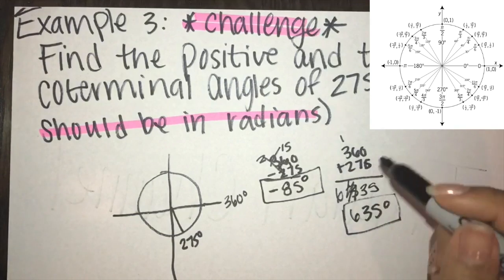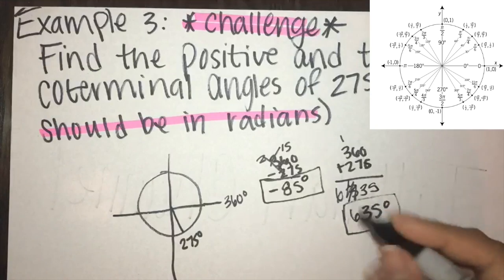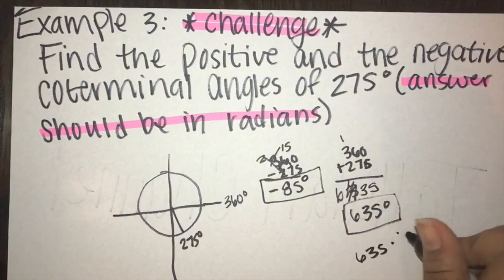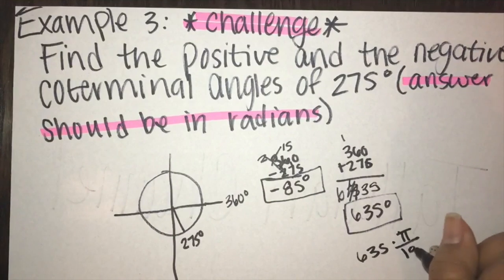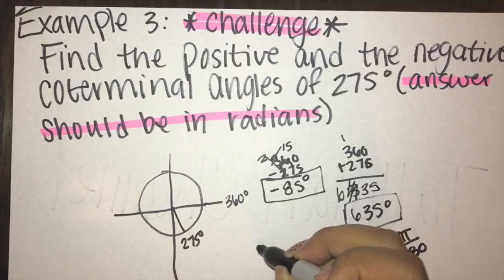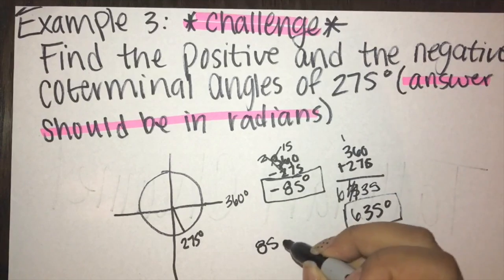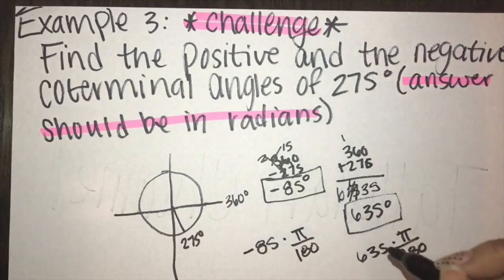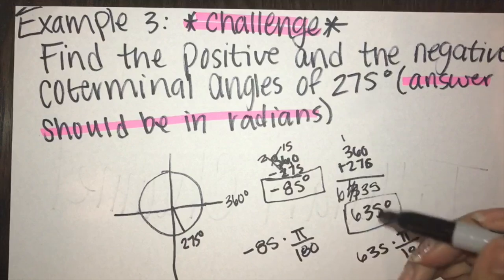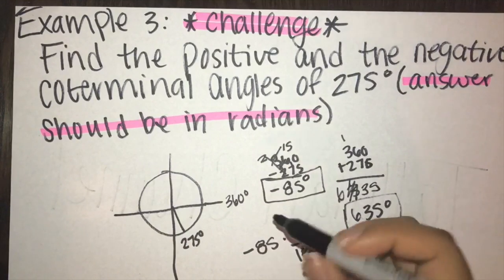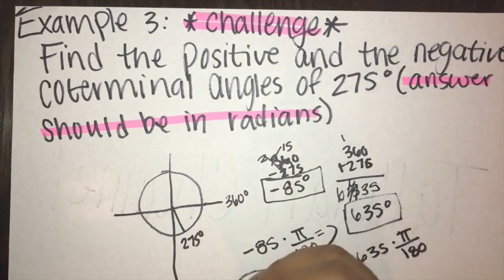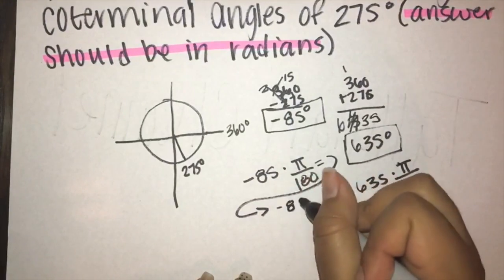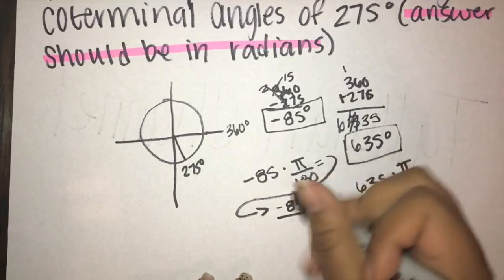So if we were to convert these into radians, it would be pretty simple. So if we did 635 times pi over 180, as well as 85 times pi over 180. This is negative. Don't forget your negative. So this will be equal to, let's come down here, negative 85 pi over 180.